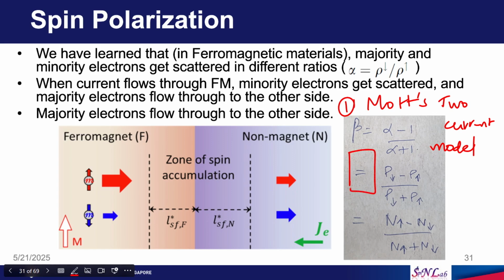If the magnetization is in this direction, the spin up electrons, which have magnetic moment in the same direction, are scattered less. On the other hand, the spin down electrons, which have magnetic moment opposite to the direction of magnetization, get scattered more.